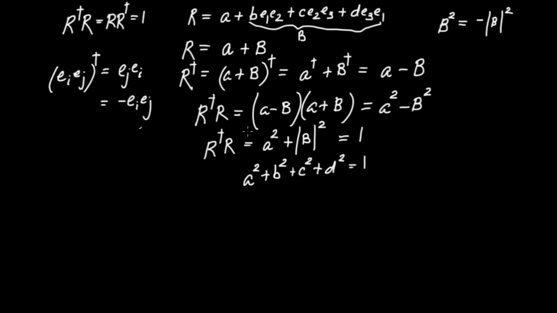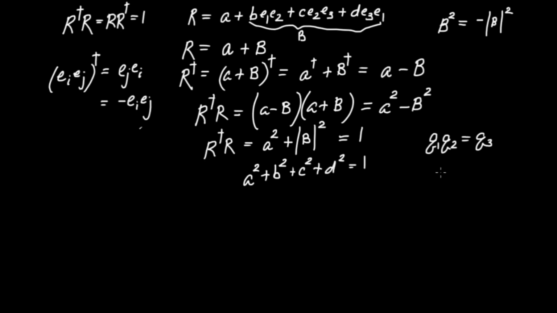And now that we're talking about the relation between rotors and unit quaternions, I'd like to point out something else. In your study of quaternions, you'll know that if you have 2 unit quaternions and multiply them using the rules for quaternion multiplication, what you get is yet another unit quaternion. That is to say, if I have 2 quaternions, Q1 and Q2, I get another quaternion Q3. If Q1 and Q2 are unit, then Q3 is also unit.